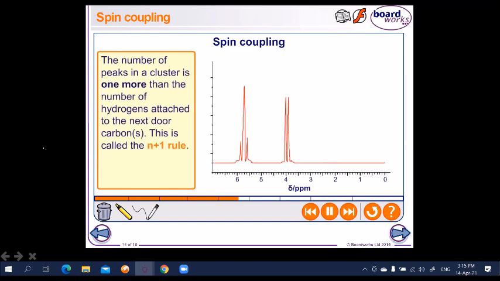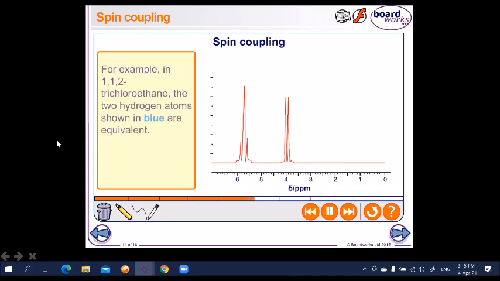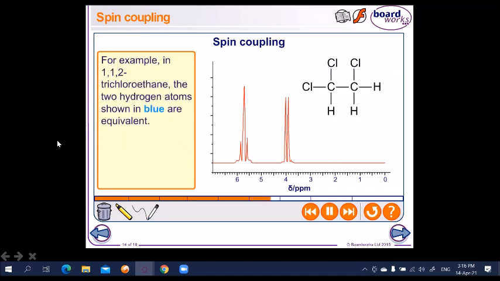And the number of peaks in a cluster is always one more than the number of hydrogens attached to the next door carbons. That is sort of an n+1 rule or n+1 formula. And this will mean absolutely nothing to you until you actually practice doing this. Got it? So bear with me, HL students. So for example, when I look at 1,1,2-trichloroethane, the 2 hydrogen atoms shown in blue are equivalent to each other.